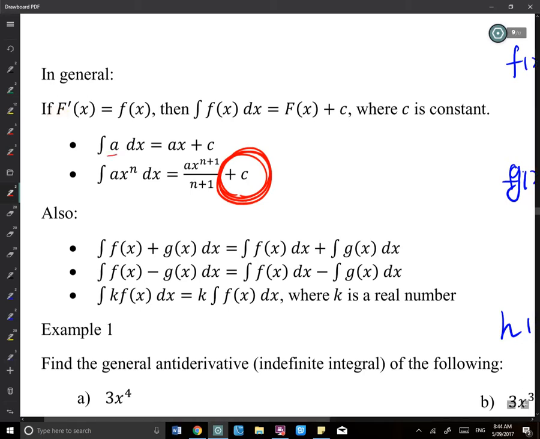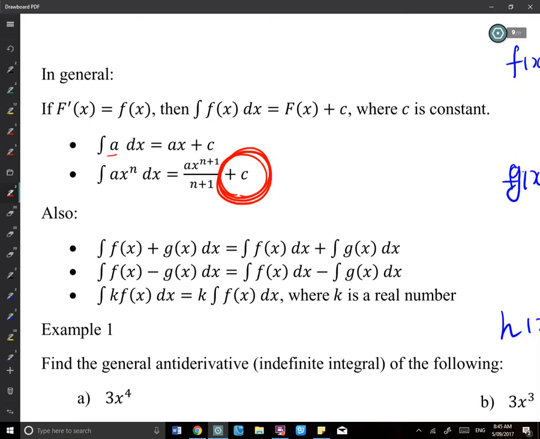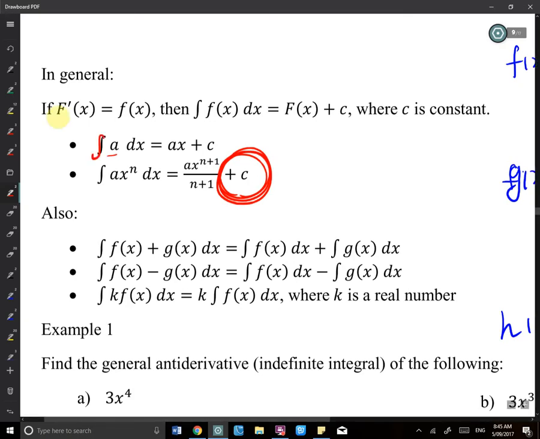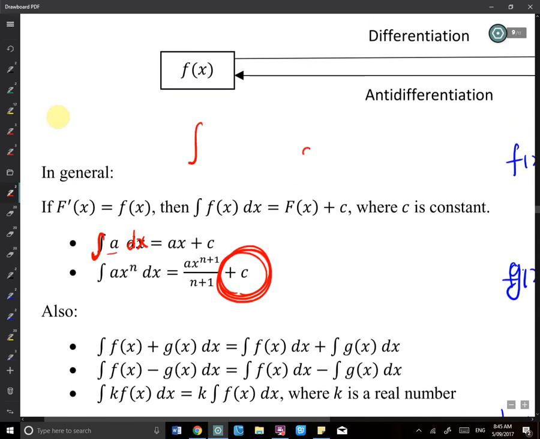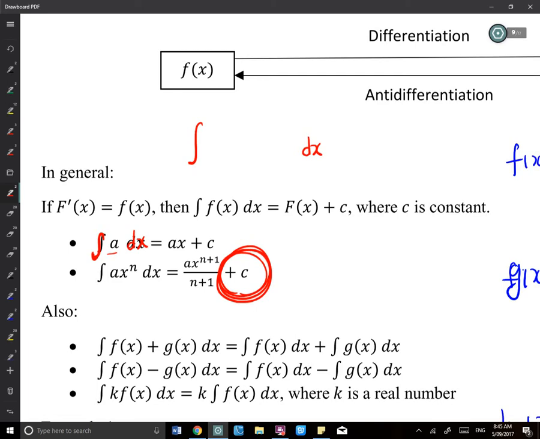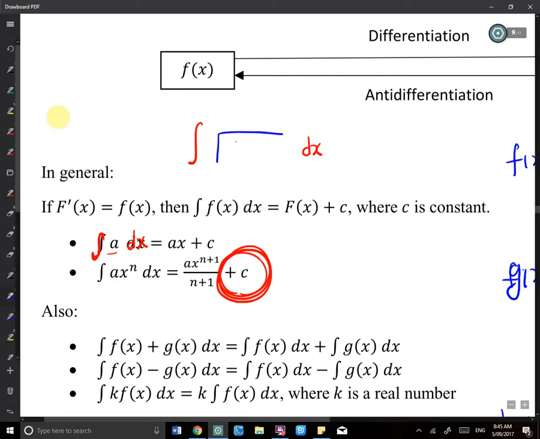And for a, if you just have a constant a, what can you do? Well, this sign is the anti-diff sign. I haven't really talked about that, but I hope you know that. This sign and dx in total are the 2 things that make the anti-diff instruction. Whatever you put in the middle is what you want to anti-diff; treat this as f dash x.